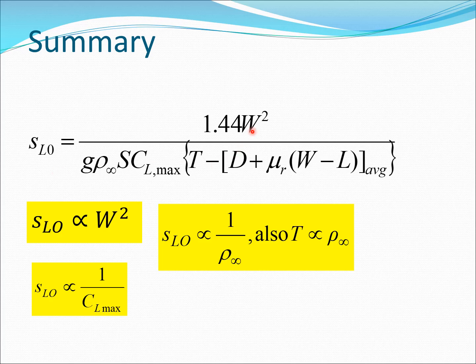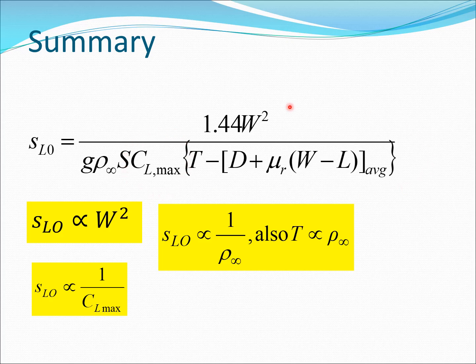We see that it's directly proportional to weight squared, so weight is something which has a huge impact on the runway length. It's also inversely proportional to the density. So if the density is low, then SLO goes up, and there are also different factors such as CLmax, which can help you because you can control CLmax through high lift devices.